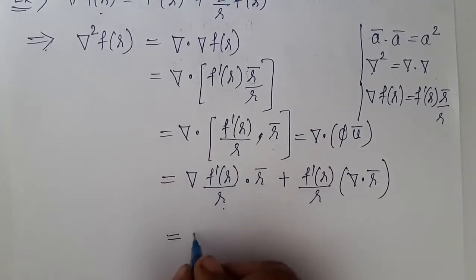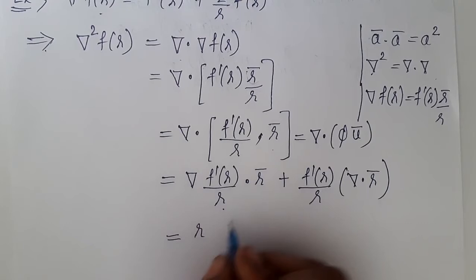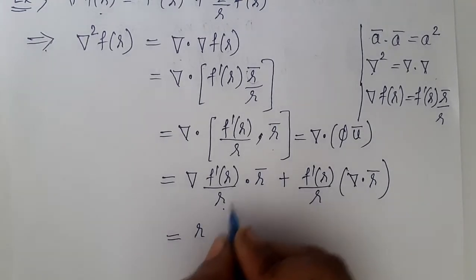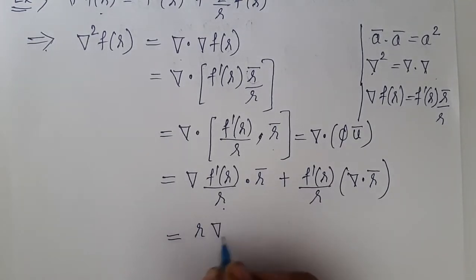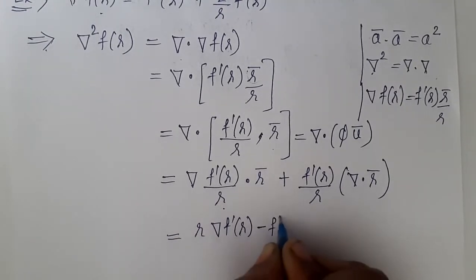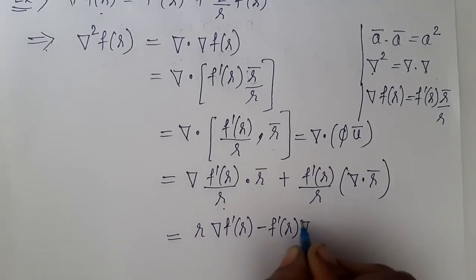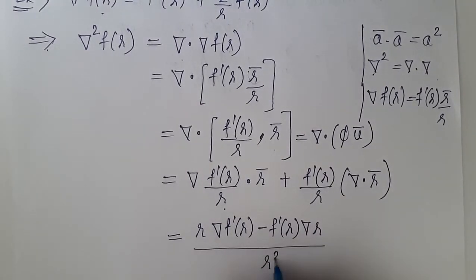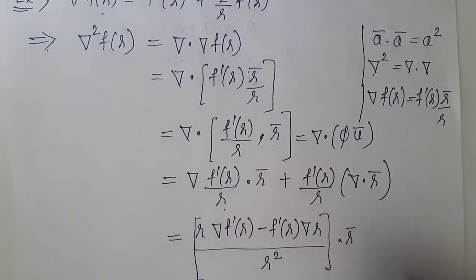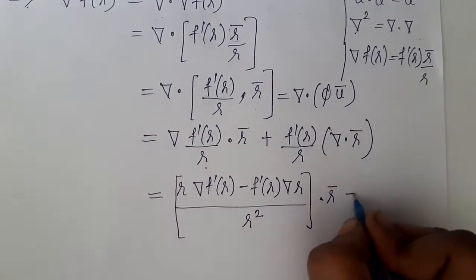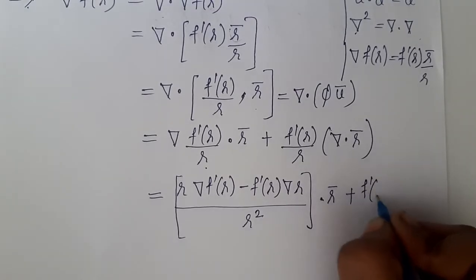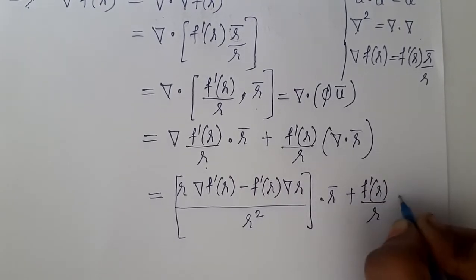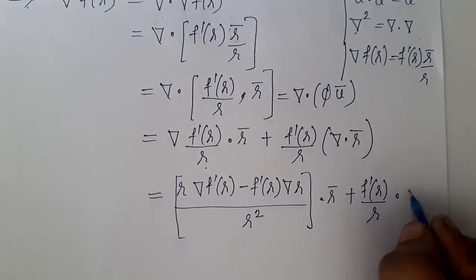It is denominator r into derivative of numerator, that is del of f dash of r, minus numerator into derivative of denominator, that is del r, divided by denominator square, that is r square. Dot product of this with r bar, plus f dash of r divided by r, and we know that del dot r value is 3.